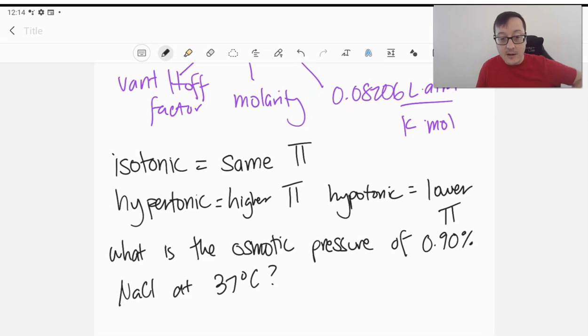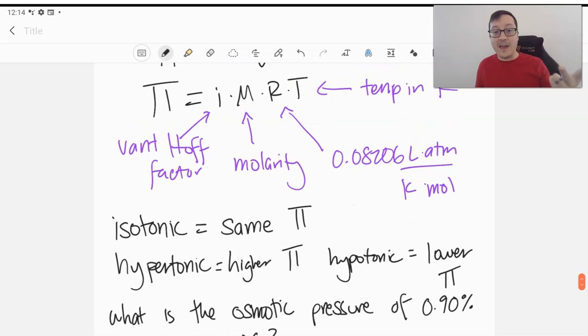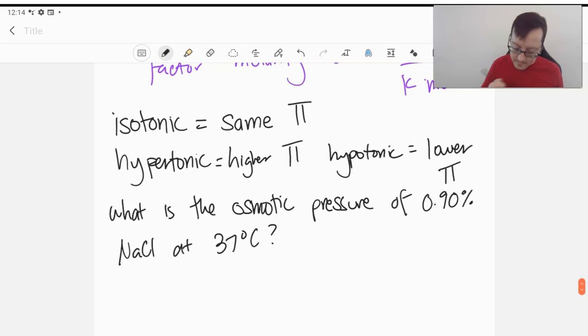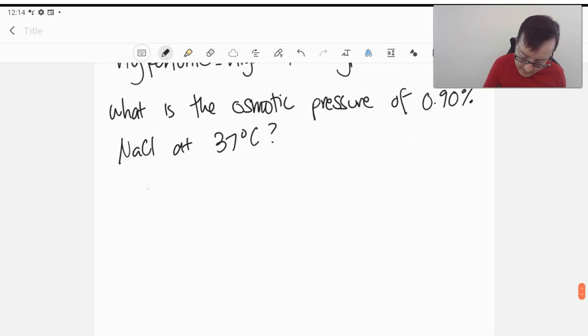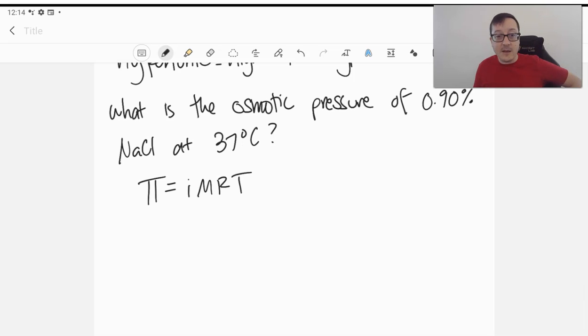So what we need here is a Van't Hoff factor, a molarity, a gas constant, which we already have, and then the temperature in Kelvin. Let's go ahead and copy our equation. The osmotic pressure is i times the molarity times R, our universal gas constant, and the temperature.